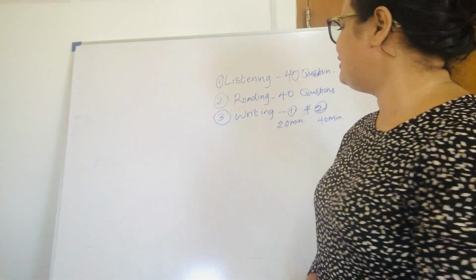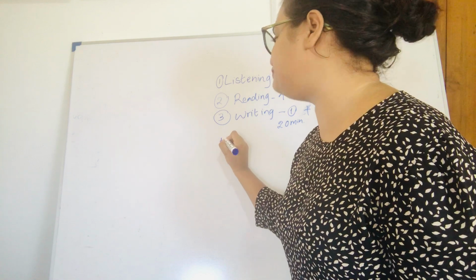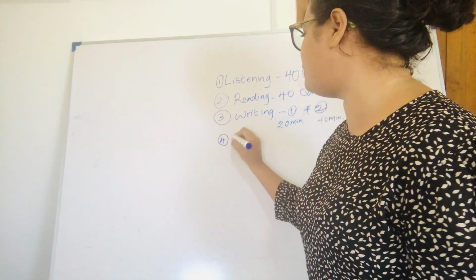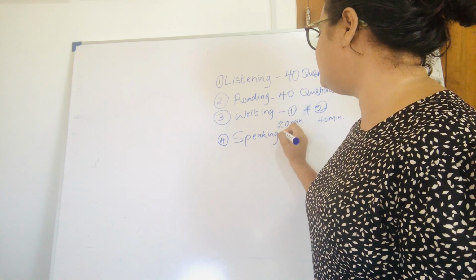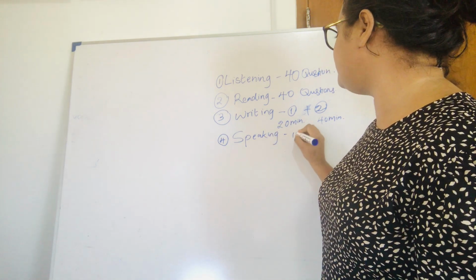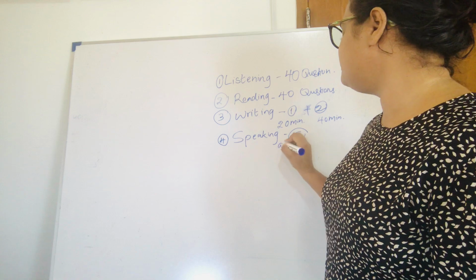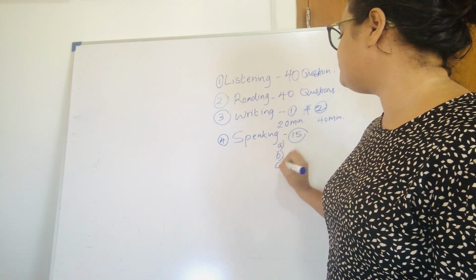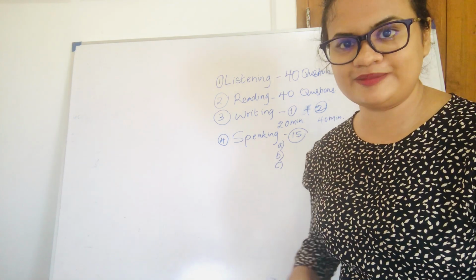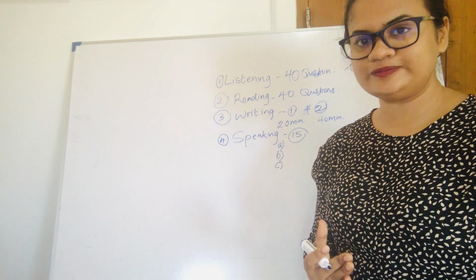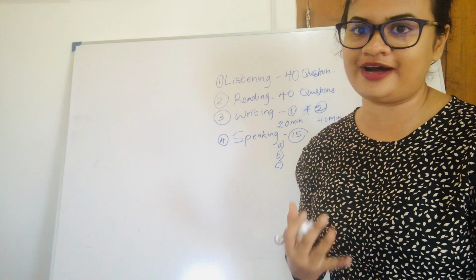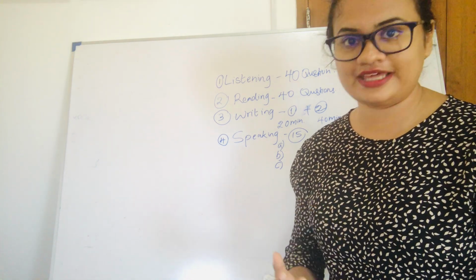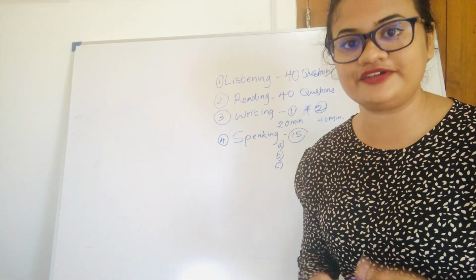So when understanding the speaking component, our next component, it's an important component that you have to face with your examiner. You will be given 15 minutes. Within these 15 minutes, again the speaking component is divided into 3 main parts: part A, part B, and part C. So part A, always there will be a self-introduction.